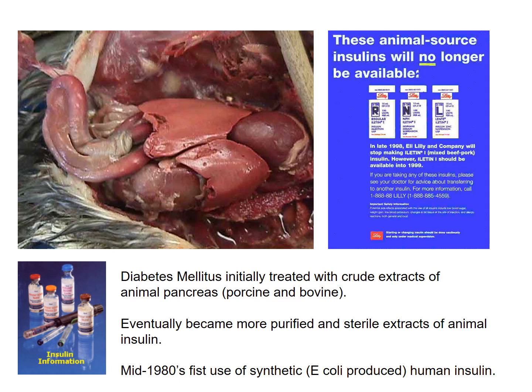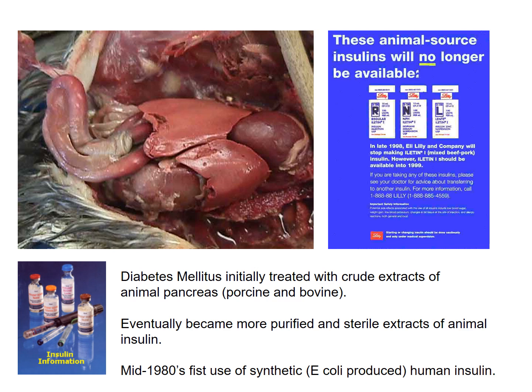Somewhere in the 1960s, 1970s, a more purified, sterile extraction of insulin was being done from animal pancreas, and therefore we had these pharmaceutical products primarily made by Eli Lilly of animal insulin, either cow or pig insulin.